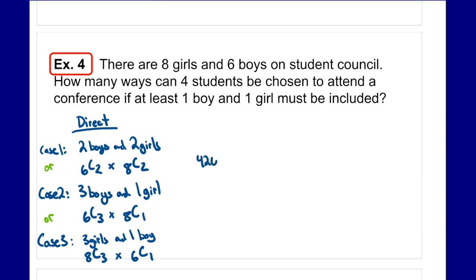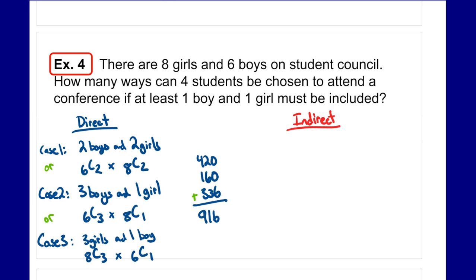So we'd have 420 plus 160 plus 336, which gives us 916.